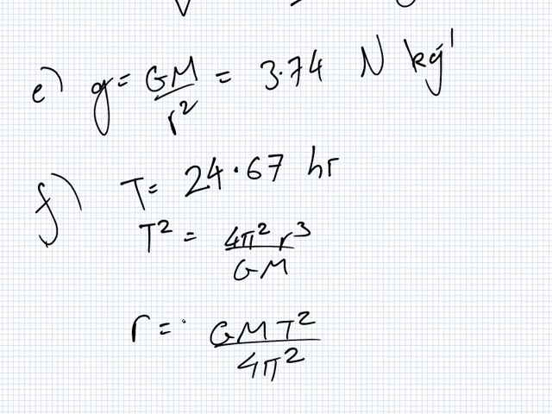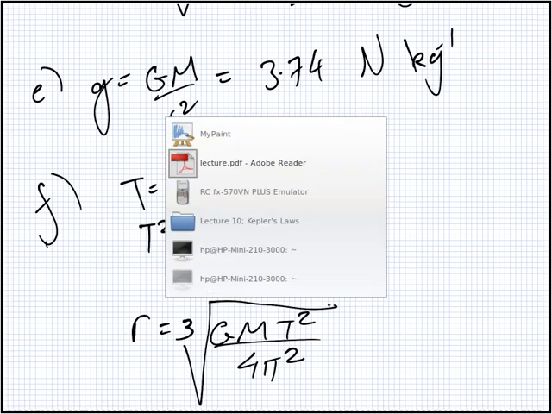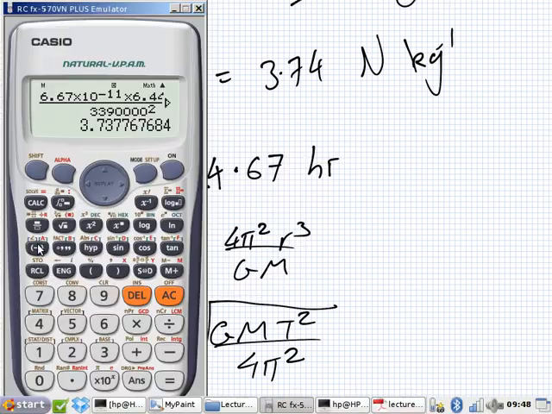And what's this called, Sean? Cube root. Okay. Yes? I know, I need to subtract. I'll do that in a moment. 6.67 times 10 to the power of minus 11 times, what's the mass of Mars?